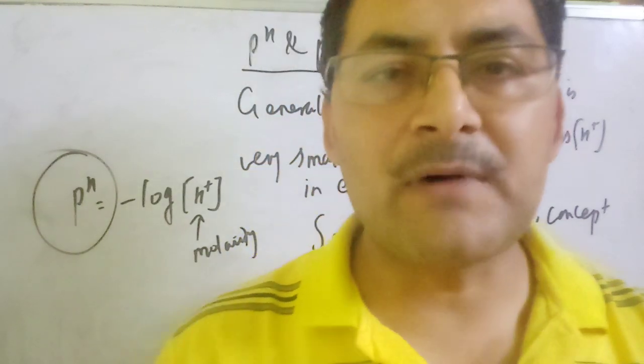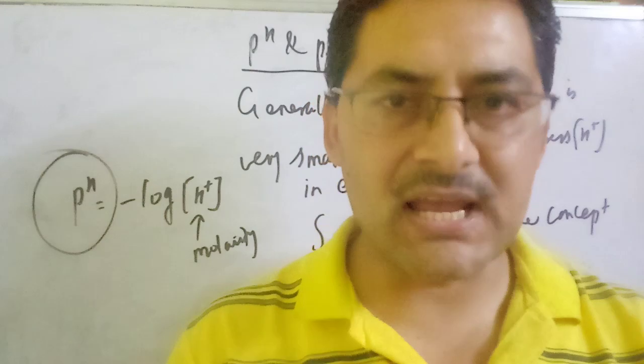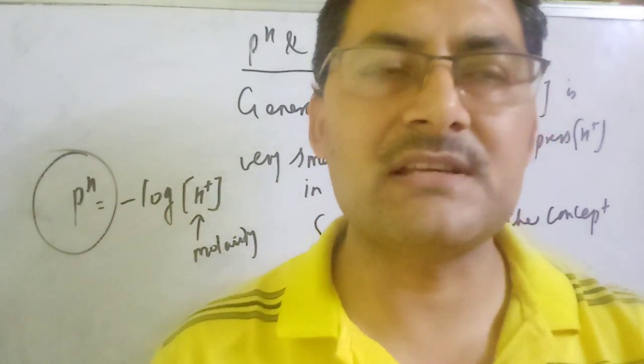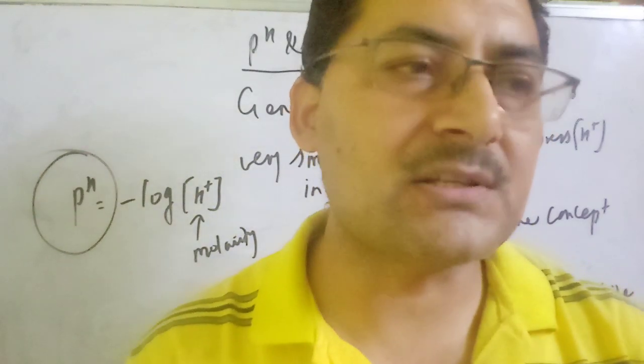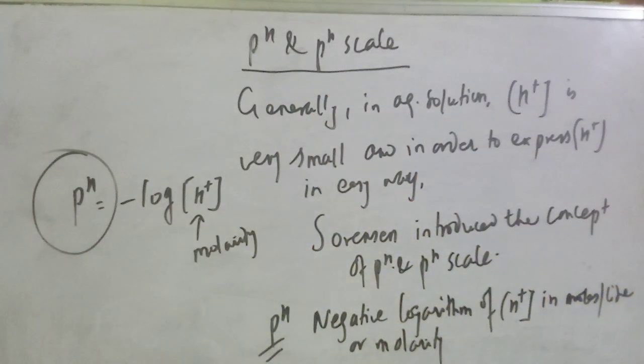So to find pH, first find the hydrogen ion concentration in moles per liter or molarity, then calculate the minus log of H+, and you get pH. In this way you can find the pH of any solution.